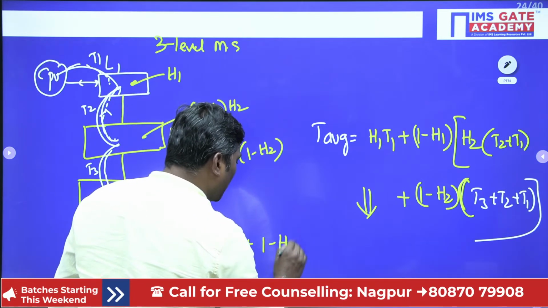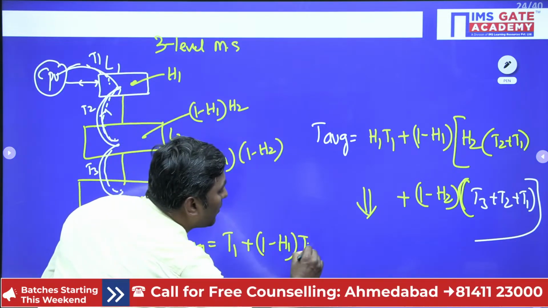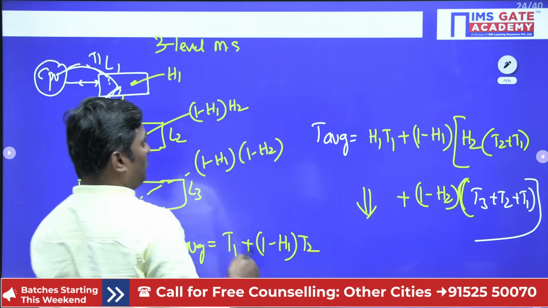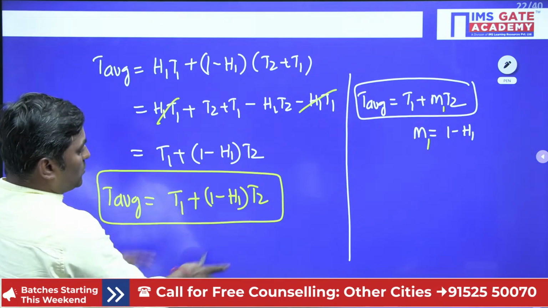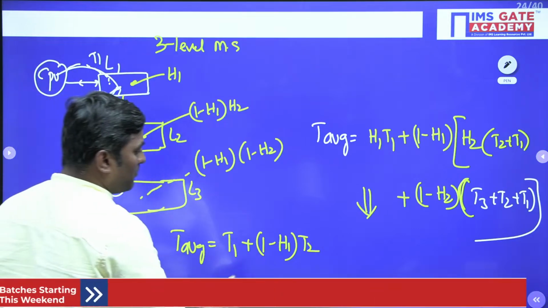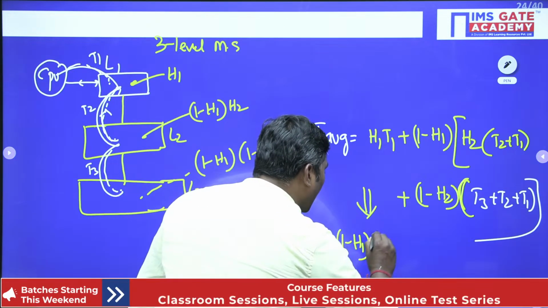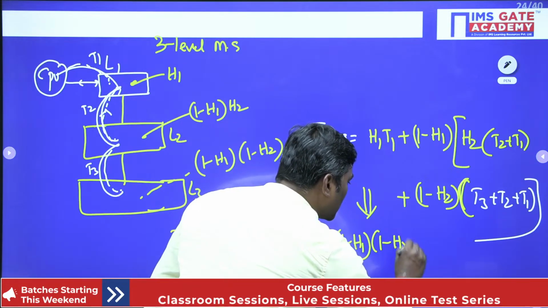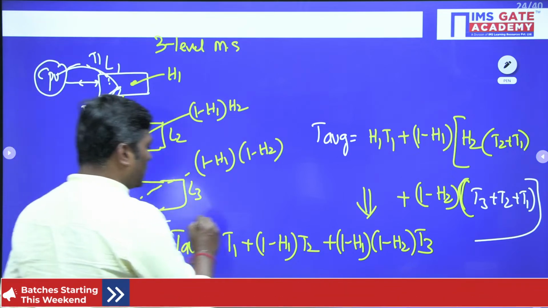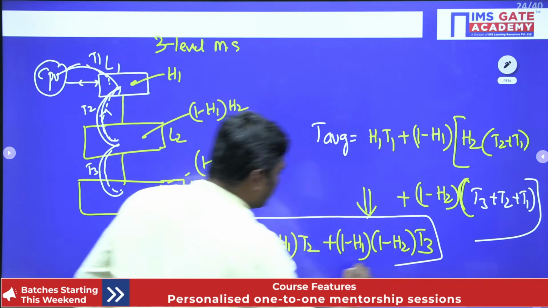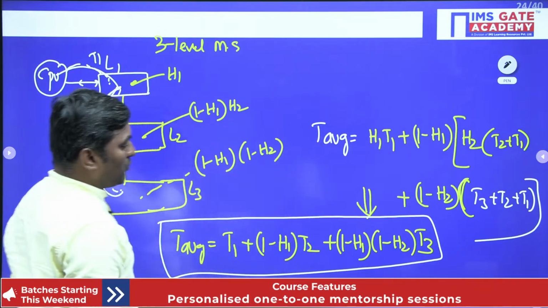So if a miss occurs in level 1, extra T2 is required along with T1, as in the earlier formula. So T1 plus (1 minus H1) T2; this is what we got for 2 levels. Then if there is a miss in level 1 as well as level 2, (1 minus H2), then extra T3 is required. This is the expression. If you simplify mathematically, it is the same as this, no difference.